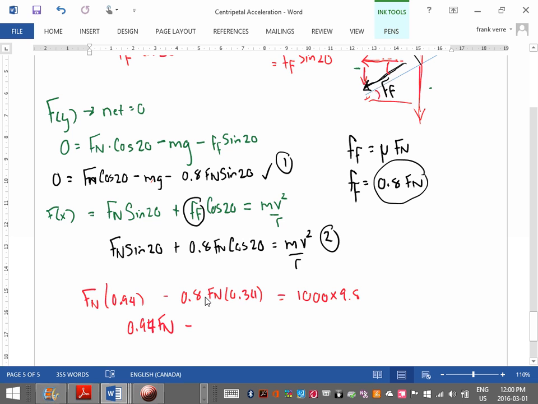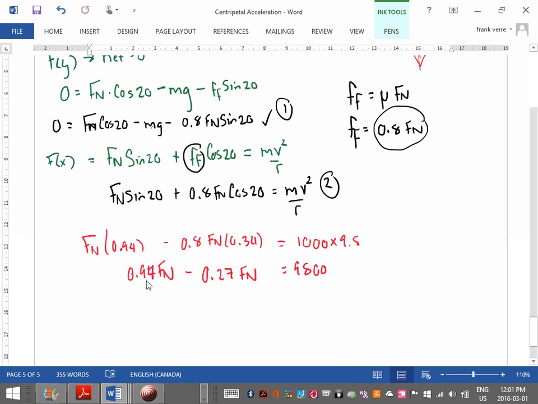This is 0.8 times 0.34, which is what? 0.27. Okay. Now we can simplify. So what is this? That's 0.67. 0.67 Fn equals 9,800. Now we can solve for Fn. So what's Fn?